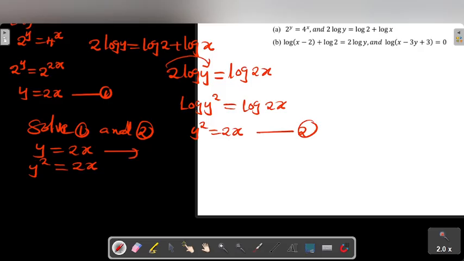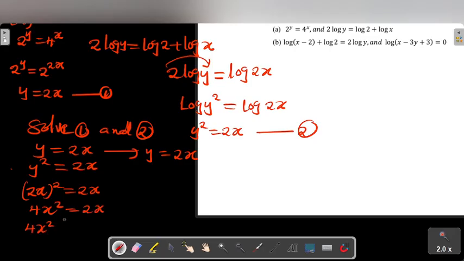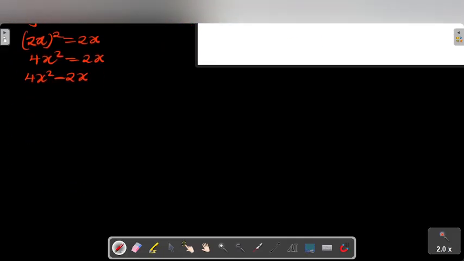Since the second equation is y squared equal to 2x, where there is y, we substitute 2x. So I have (2x) squared equal to 2x. Then 2 squared is 4, so 4x squared equals 2x. Then 2x will cross the equal sign, so it will be negative 2x. That's what we have, and this is equal to 0.